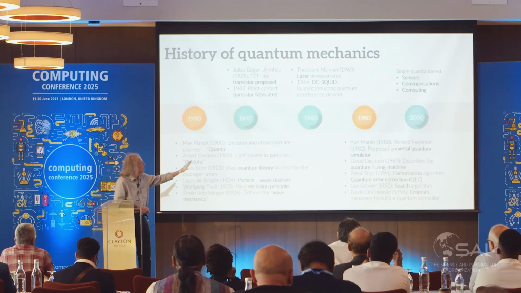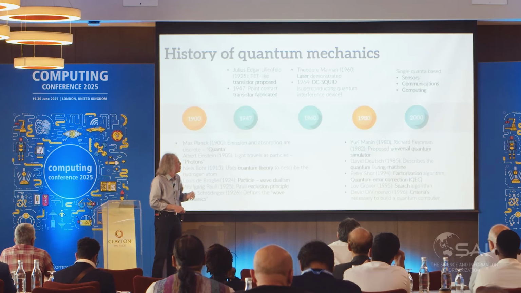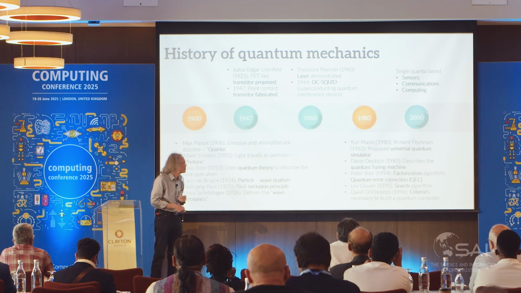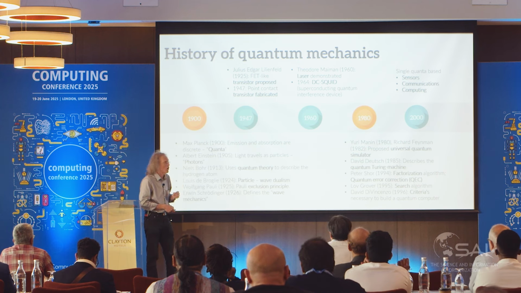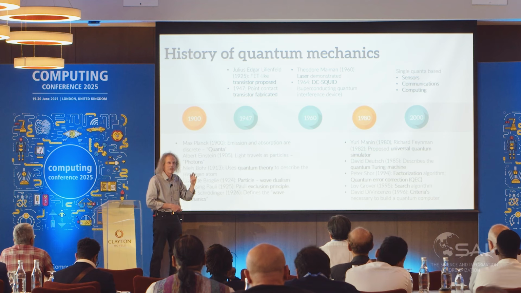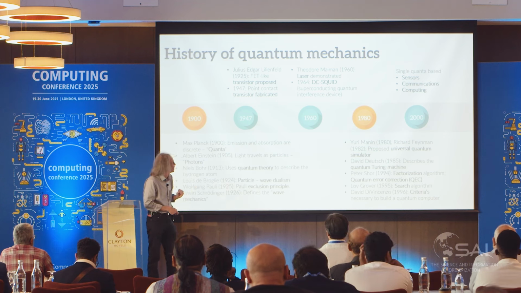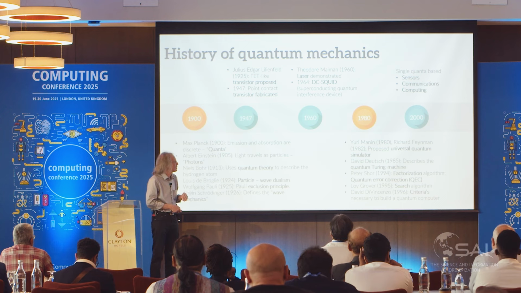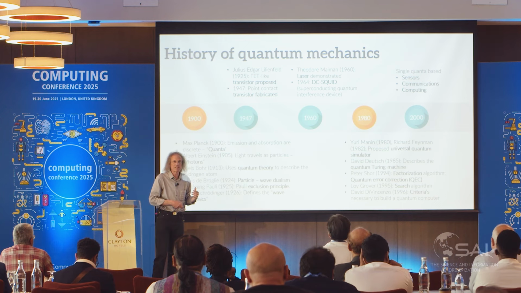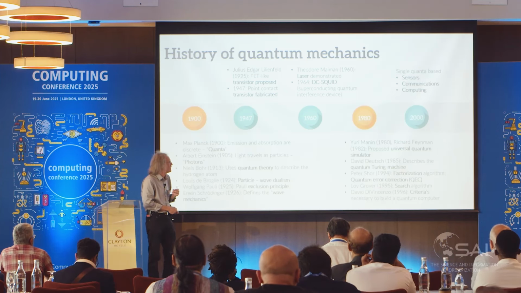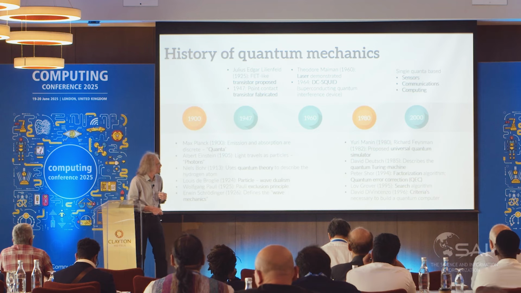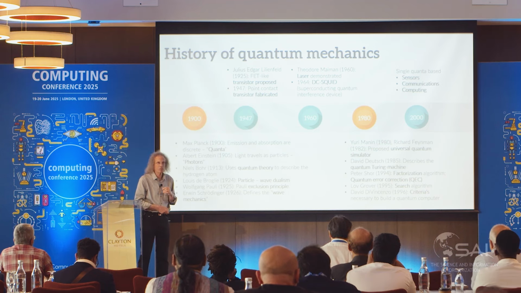And then in the 80s, when Feynman and Manin started to discuss the universal quantum simulator, which is more a kind of analog part, and David Deutsch saw that this could be defined as a Turing machine, then it really came up. What I have to say about Peter Shor: today he always gets cited for his factorization, but he did something much more important.